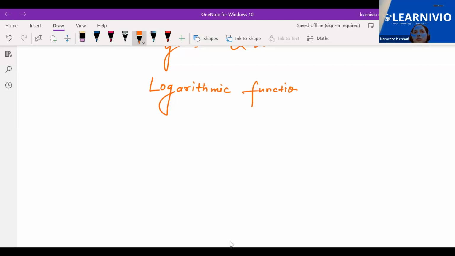In class 11, in your previous class, you have learned all the special functions, that is modulus function, greatest integer function, signum function, identity function, constant function, polynomial function, rational function. Those functions are still there, but there is inclusion of two more functions, that is logarithmic function and exponential function.